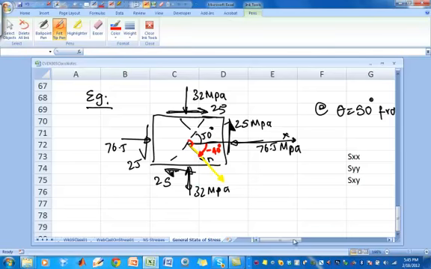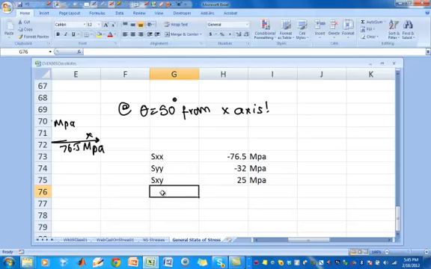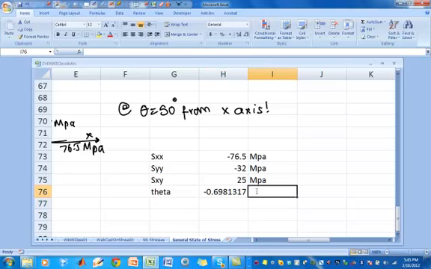So I'm going to go up here and say theta equals, I'm going to write it in radians, minus 40 times pi over 180. This is radians. Now we are ready.